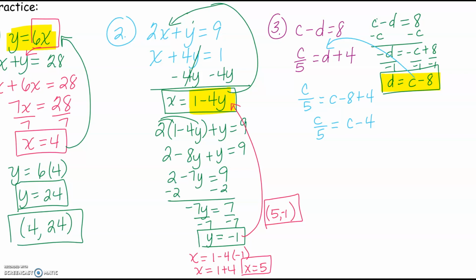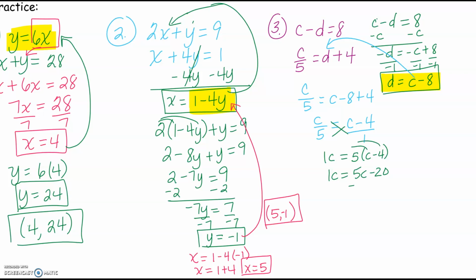So you can do this a couple of ways from here. It looks like I have somewhat of a fraction or ratio on the left equals C minus 4. I can turn that into a fraction, and then it might be easiest to cross multiply. So I get 1 times C equals 1C equals 5 times C minus 4. Or I get 1C equals 5C minus 20 because I'm distributing.